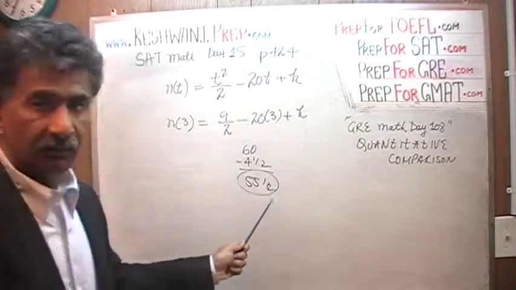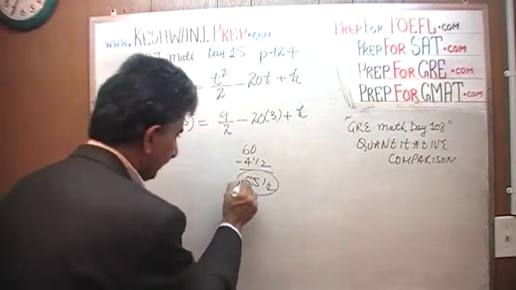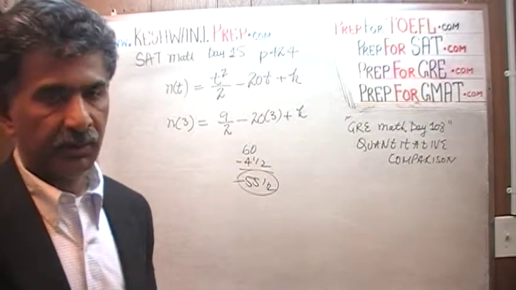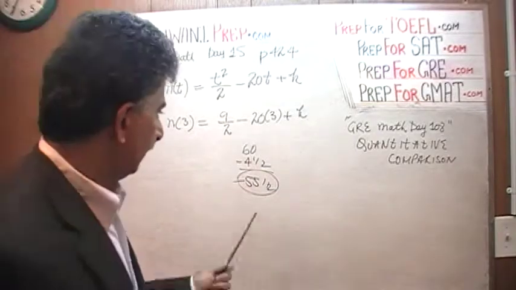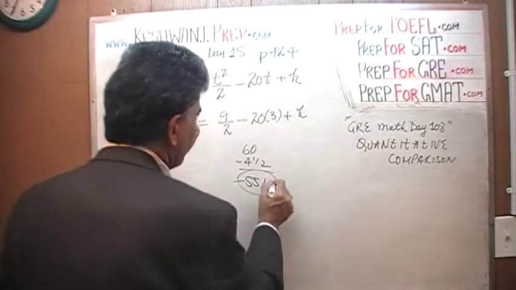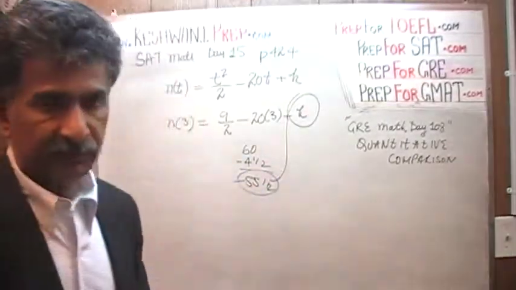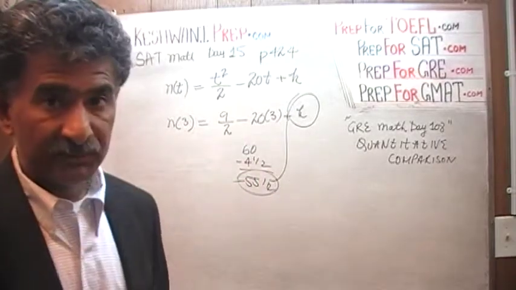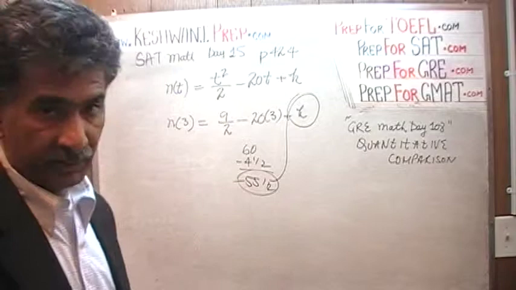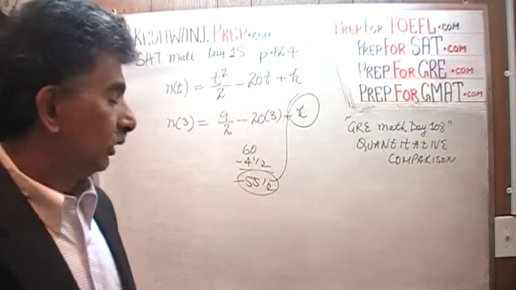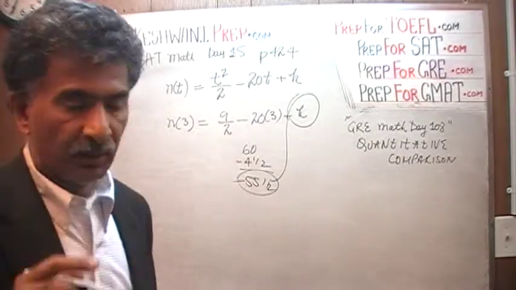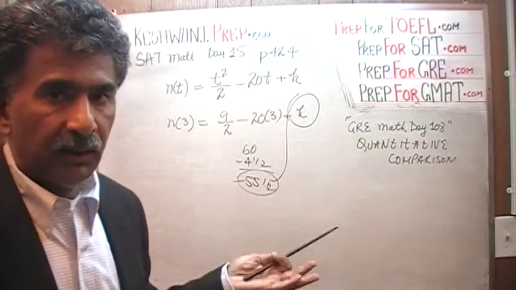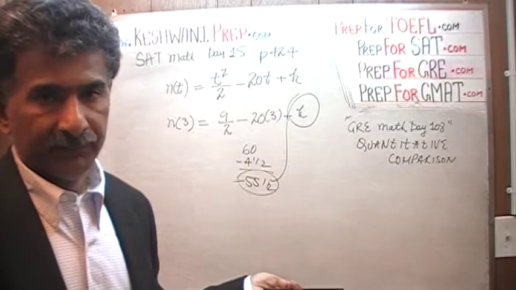First of all, you cannot have half a bee, and secondly, it's a negative 55. You can't have negative 55 bees, and particularly you can't have negative 55.5 bees. That part is because of the fact that there is also a k that's to be added, that's the constant. And apparently that k must be some number with 0.5, because that's how we're going to take care of this 0.5. Or maybe it is not, who knows. So in which case you round it to the nearest digit. But anyway, that's where the k is. And without the value of the k, we cannot figure out the number of bees on any day.